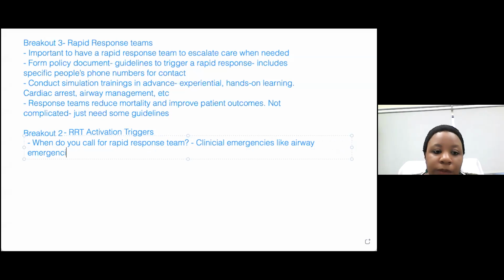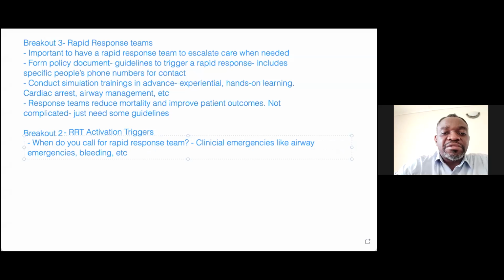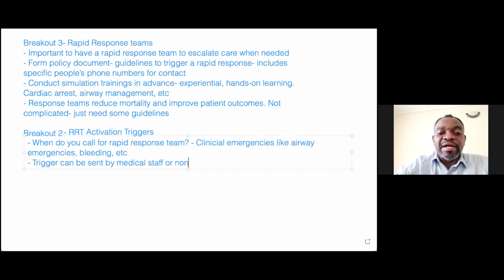Okay, thank you very much, Brian. In the interest of time, I'll add a few more things. What we discussed is that first, the trigger can be sent by a trained medical staff or a non-medical staff. Anyone at the site when the event occurs can call upon a rapid response team to come and deliver better services to optimize the patient's condition. Depending on the institution, the triggers can be classified in different groups.